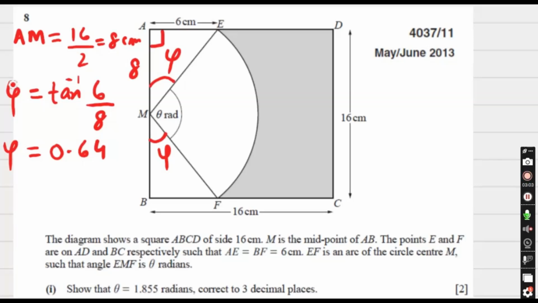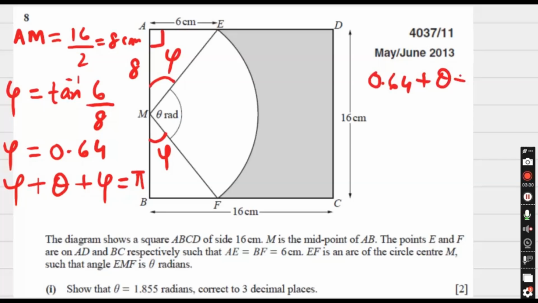You know, if we add all angles on a straight line, like phi plus theta plus phi, this must equal a total of 180 degrees, and in radians we say the total is pi. So phi is already found, which is 0.64, plus theta, which we have to find, plus phi, 0.64, is equal to pi.